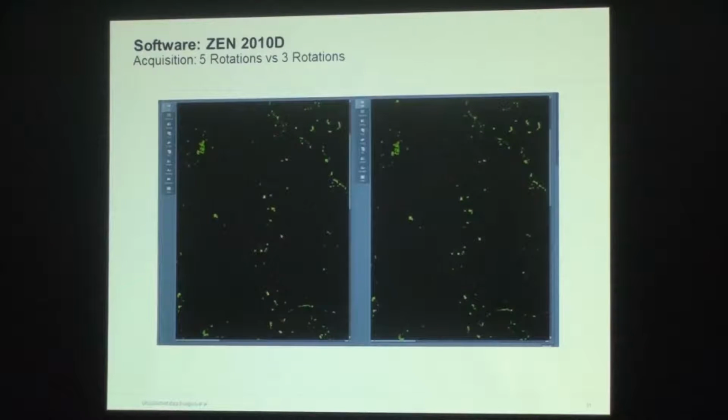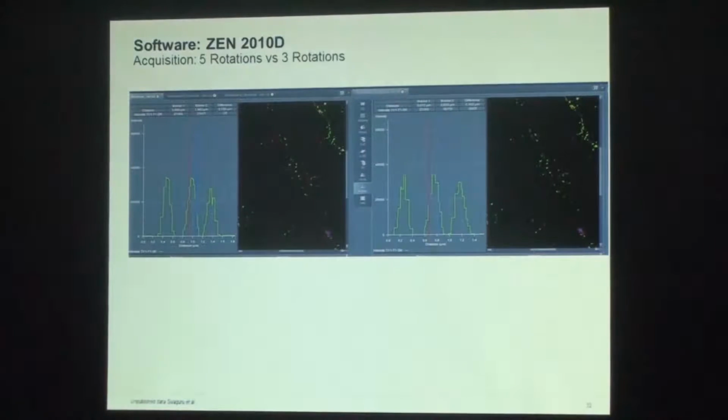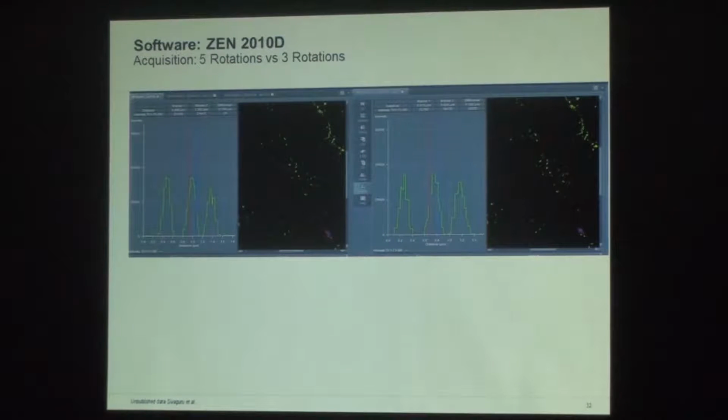I don't see visually any huge difference. 40 nanometer beads are imaged here, and between the line profiles of those beads with the different rotations, it doesn't turn out to be a substantial difference in your full width at half maximum.